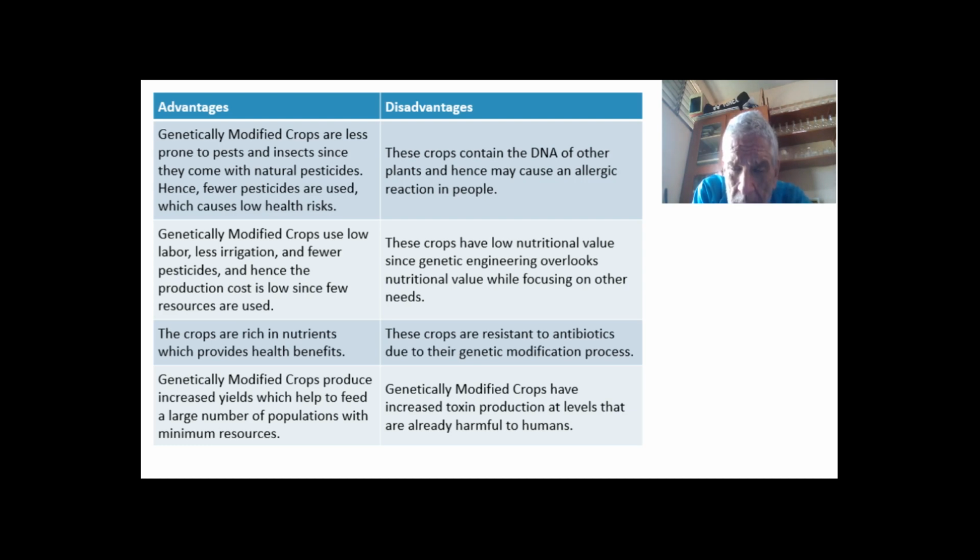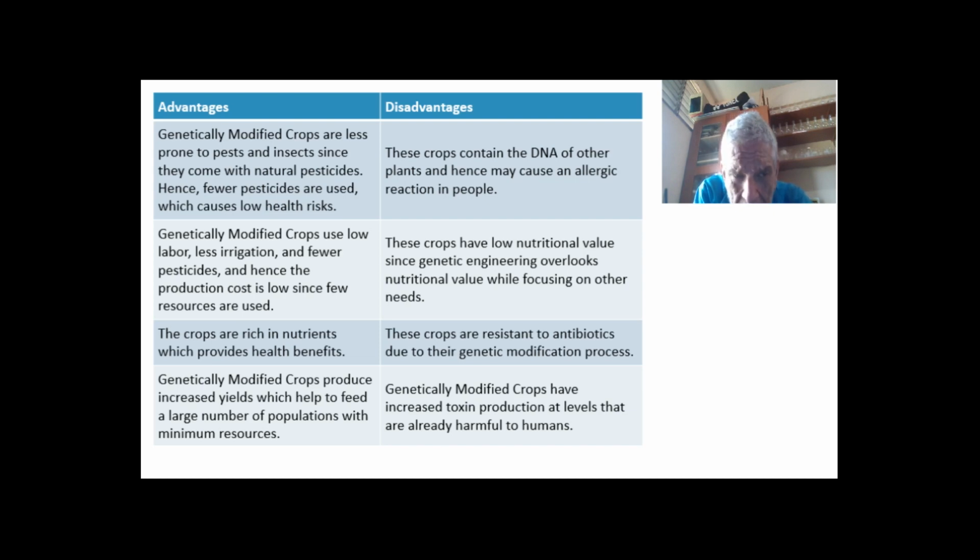And one of the goals of agriculture is to increase productivity. So genetically modified crops are often more productive. And these crops have low nutritional value, since genetic engineering overlooks nutritional value while focusing on other needs.